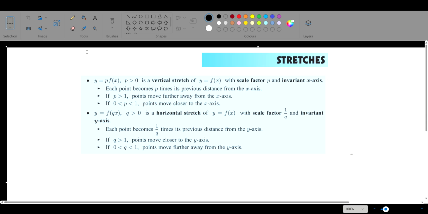If I do 0.2x square, 0.2 is less than 0.5, it gets even wider. Let's do y is equal to 0.1x square.